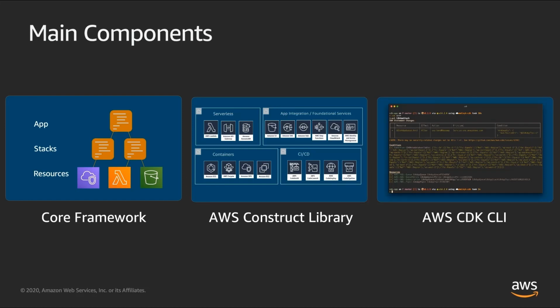So when you're developing your first CDK application, essentially what the core framework consists of is many constructs. You have an application that is composed of many constructs. You have stacks within your applications. And then finally, you have resources that map to AWS services such as S3, Lambda, EC2, etc., etc.